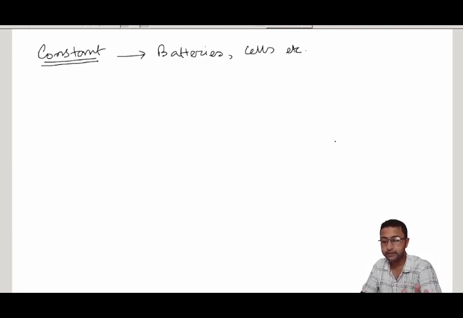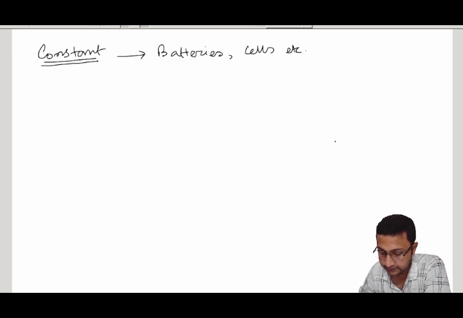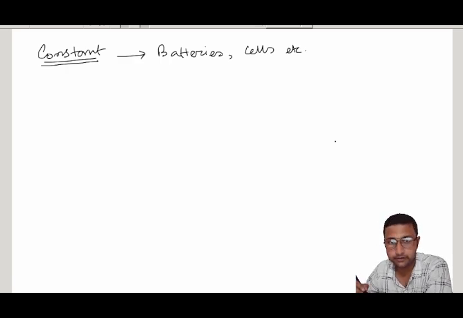And what is time varying? Time varying means the output voltage or output current changes with respect to time. One more important thing: a change in the input voltage of a time variant independent source does not produce a changeable output voltage or current.